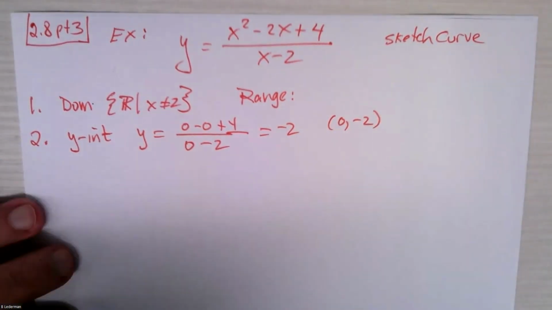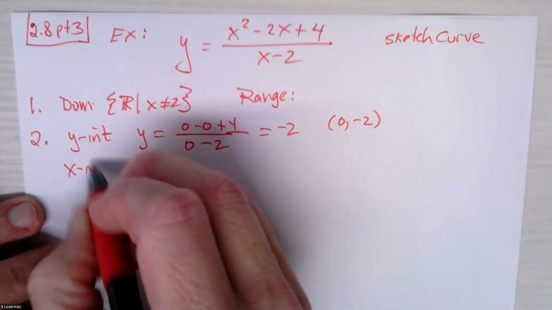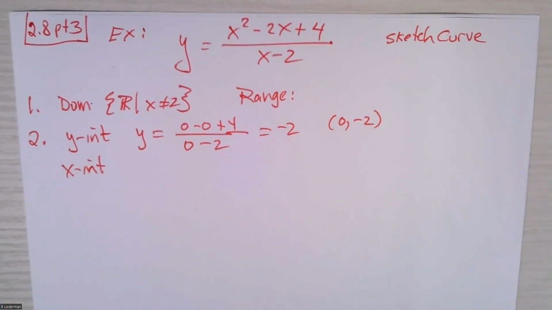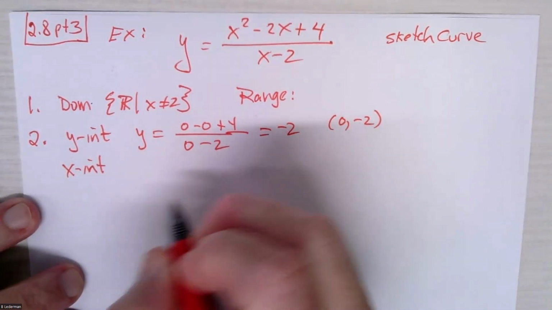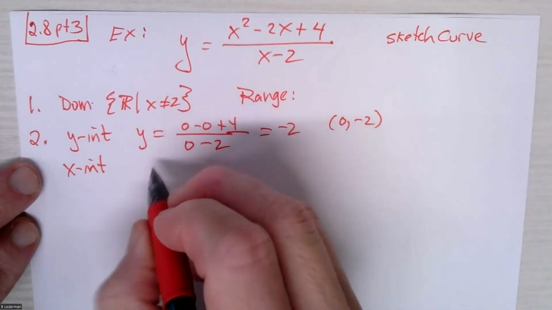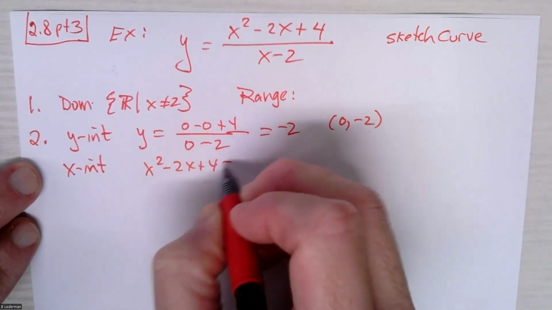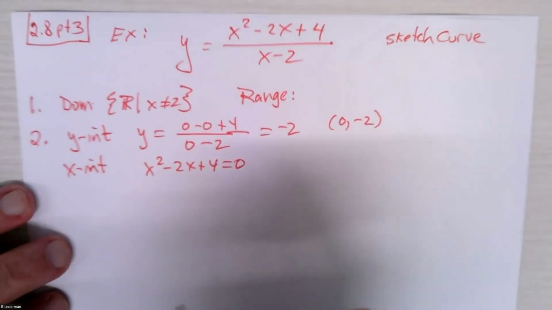Now, as far as the x-intercept, this function equals 0 if the top is equal to 0. So I just have to solve the quadratic x squared minus 2x plus 4 equals 0.